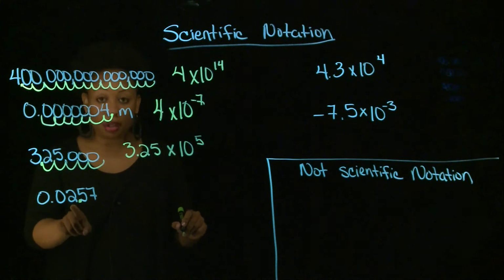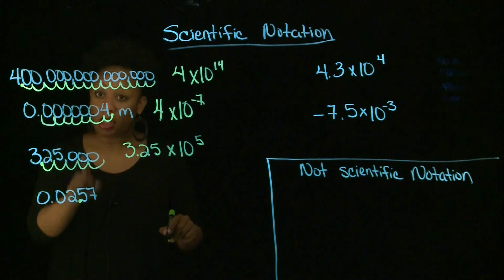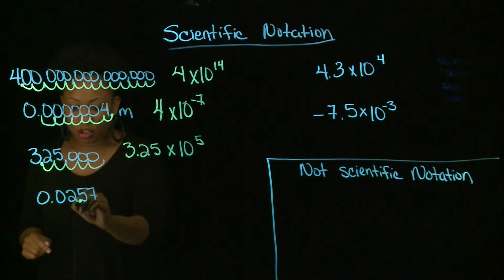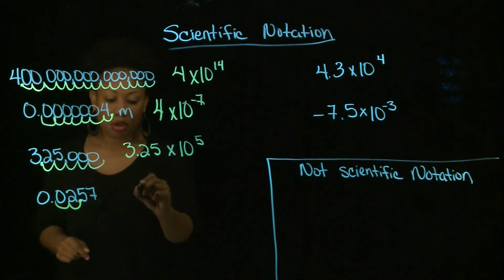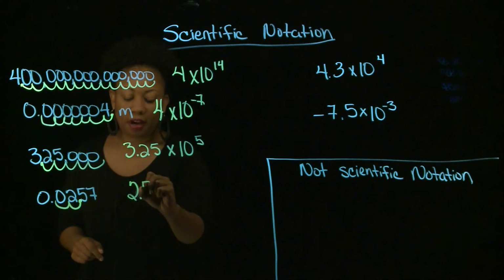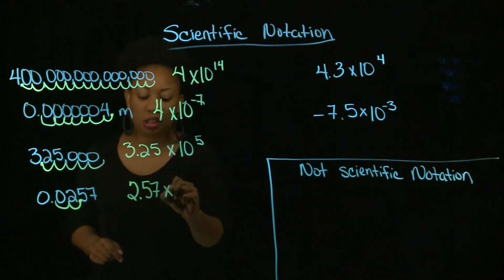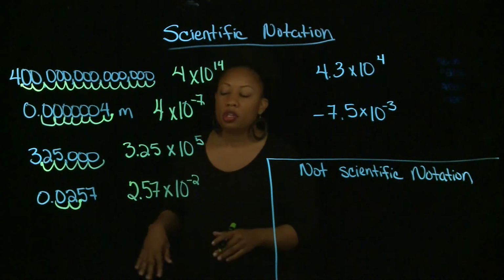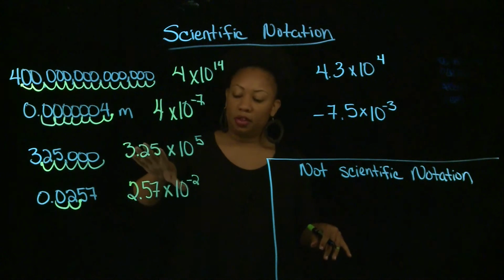Again, because this number needs to be 1, 2, 3, 4, 5, 6, 7, 8, or 9. To get to the end, we're going to go back 1, 2. So we're going to have 2.57 times 10 to the negative 2. So that's how you go from standard form to scientific notation.